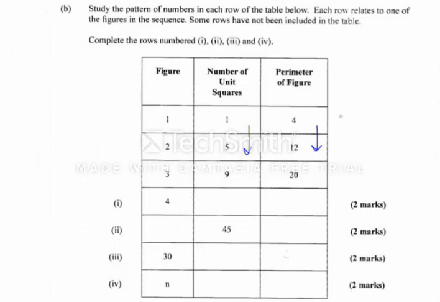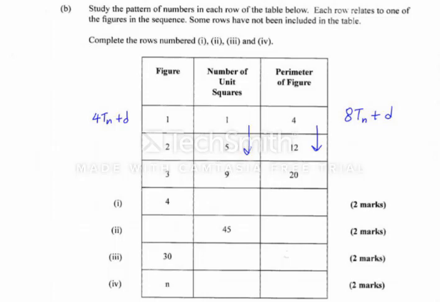So it means that the format for the column on the right is 8 tn plus some unknown d, and for the column in the middle, it is 4 tn plus some unknown d.